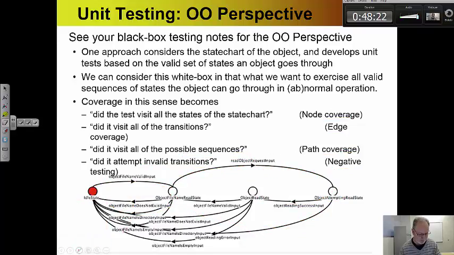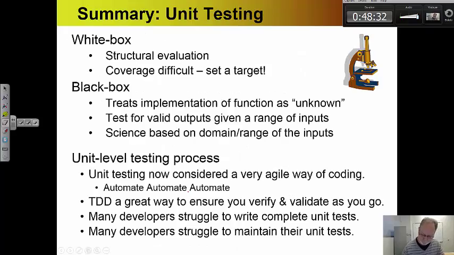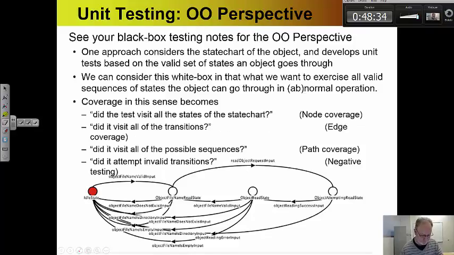And from a pure object-oriented perspective, this state of the object is represented by the values of its class member variables. All right, so if I got class member variables X and Y, there are some particular values in some range defined for each of X and Y.